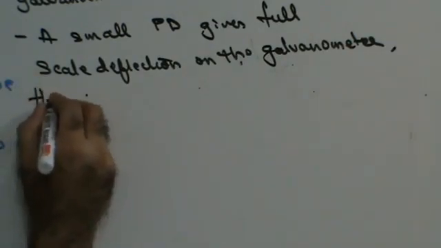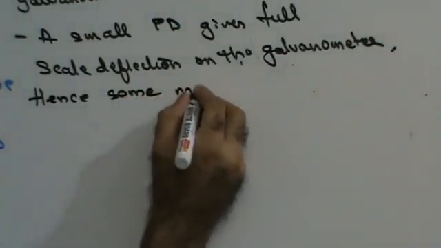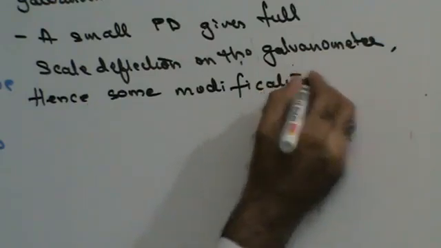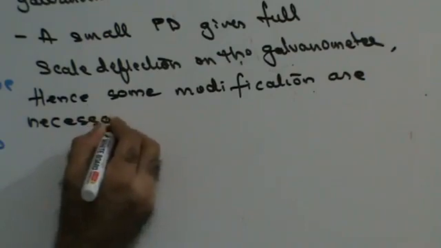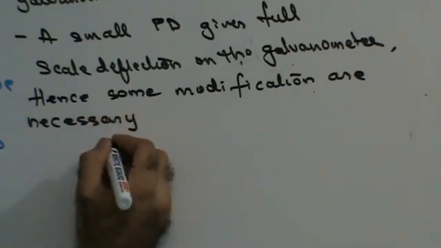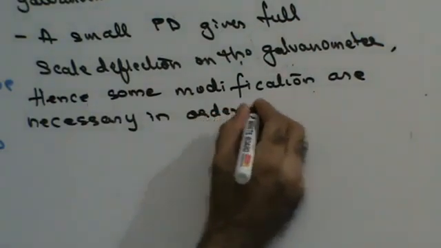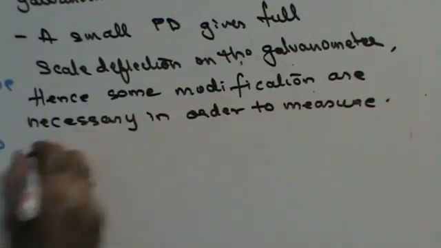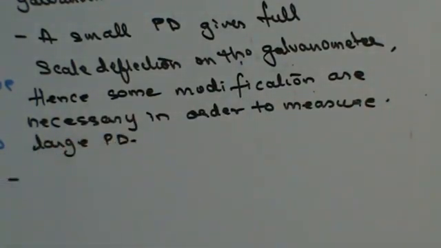Hence, some modifications are necessary in order to measure large potential difference, right?